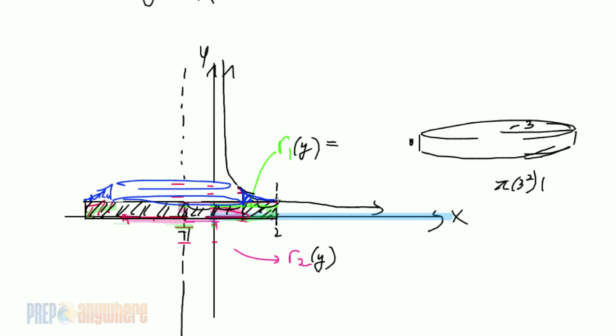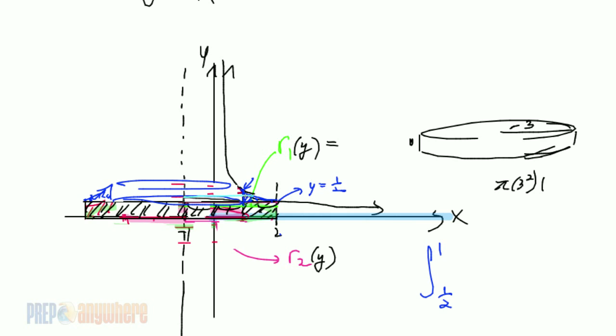All right, so this right here, when x is equal to 2, y is going to equal to half. So we're integrating from half to 1. And what we're going to do is get an expression for this radius, from the center all the way to the function.